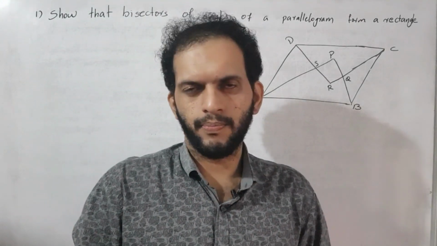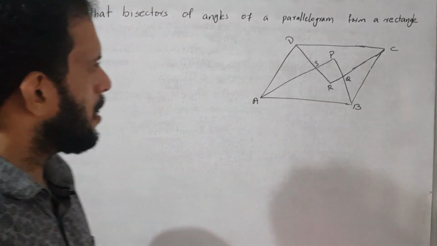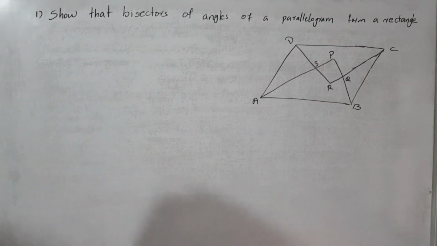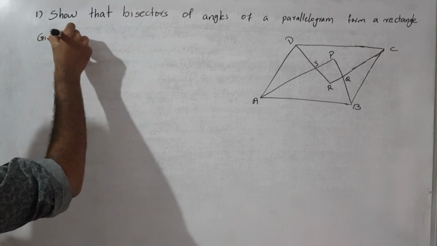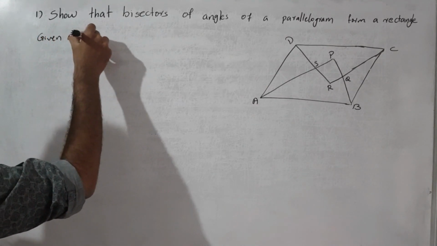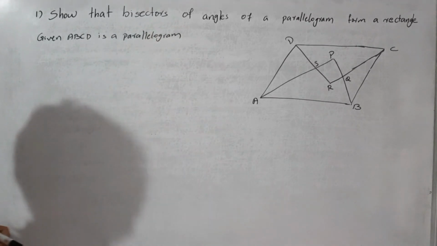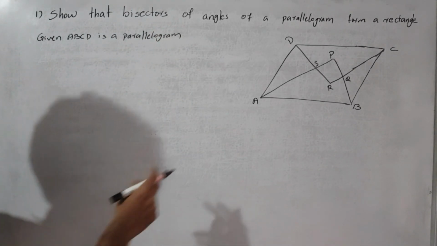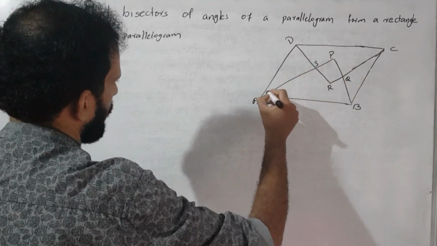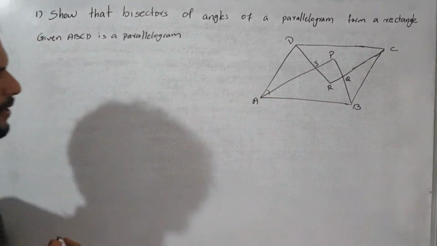That is our question. So how do we start? Yes, something is given, so we start from there. Given: ABCD is a parallelogram, and AP is the bisector of angle A. Then what do we get?